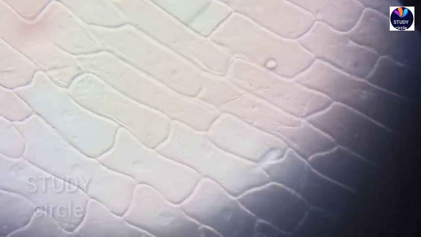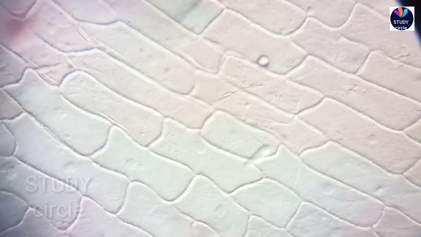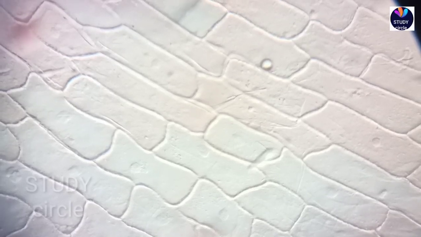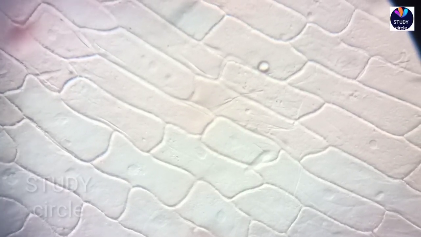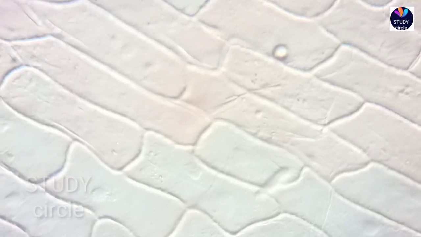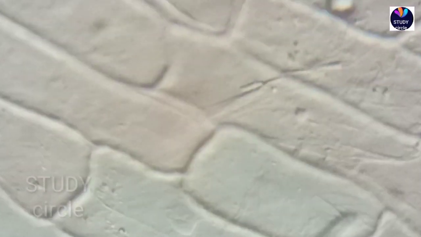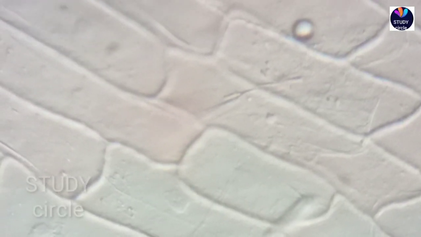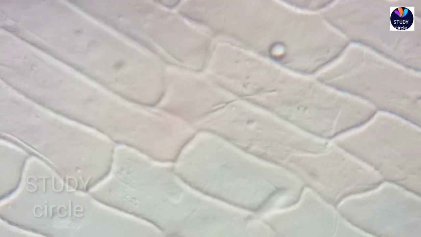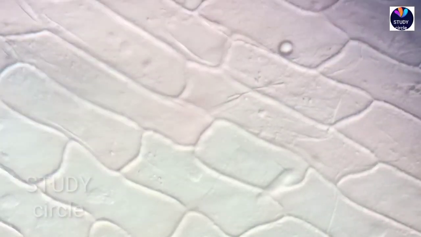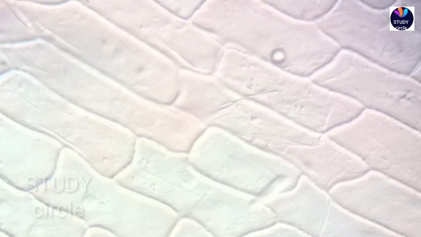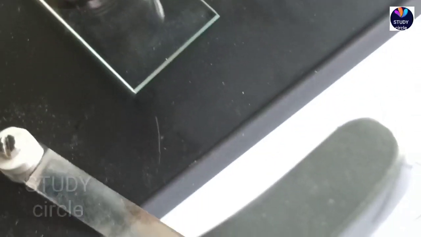That dot is nothing but the nucleus. Okay, this was the procedure of preparing the slide.